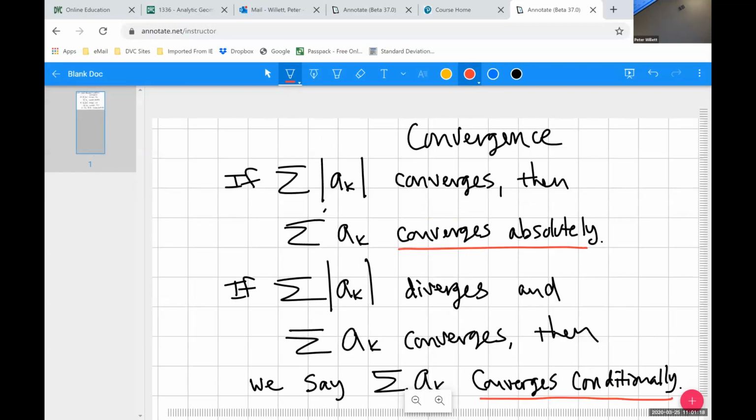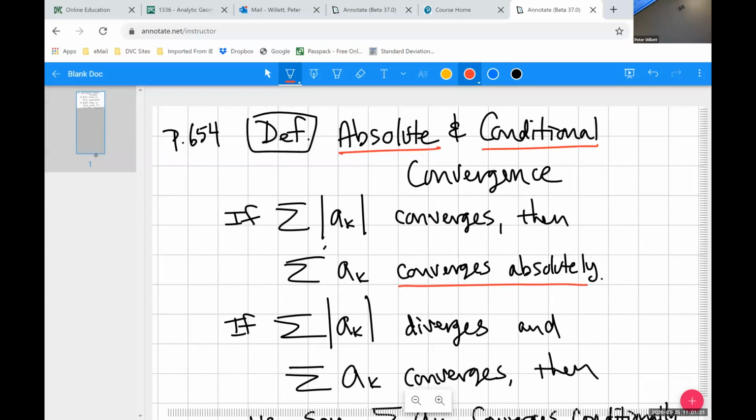So what we're defining here are absolute convergence and conditional convergence.